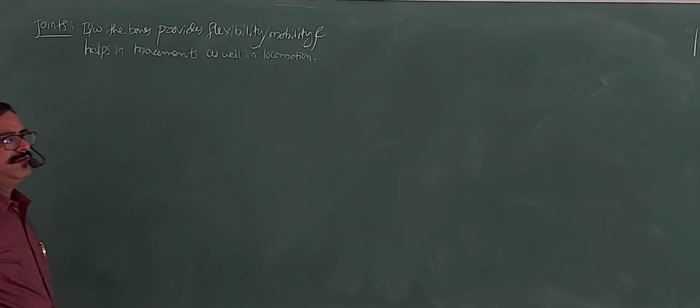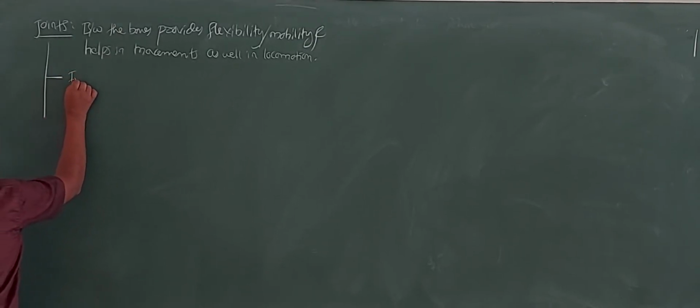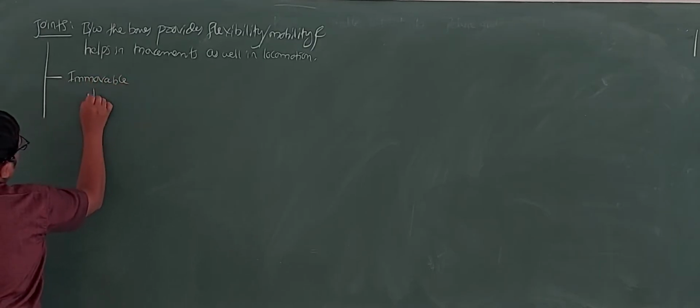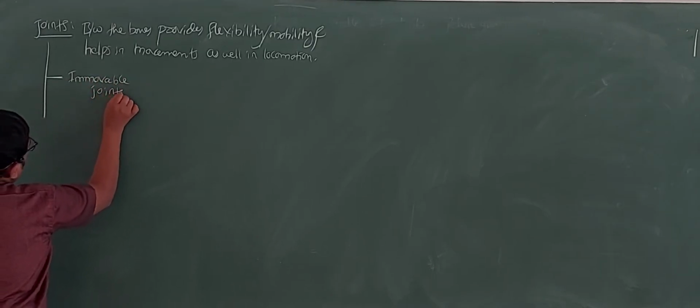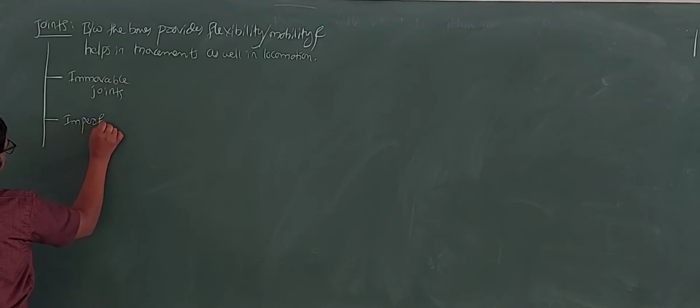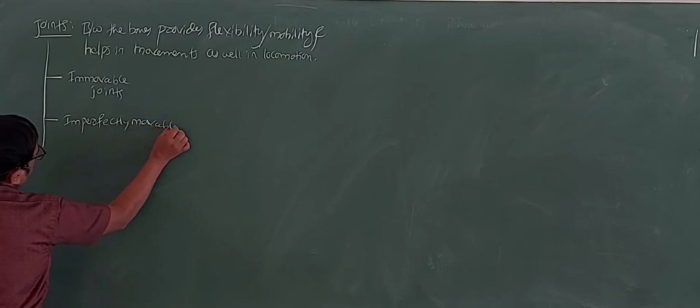Fine. So when I talk about the joints, basically the joints are of three types. One is called immovable joints. The other one is imperfectly movable joints.